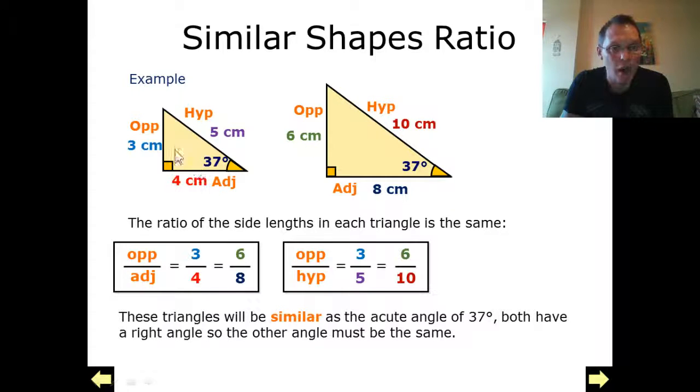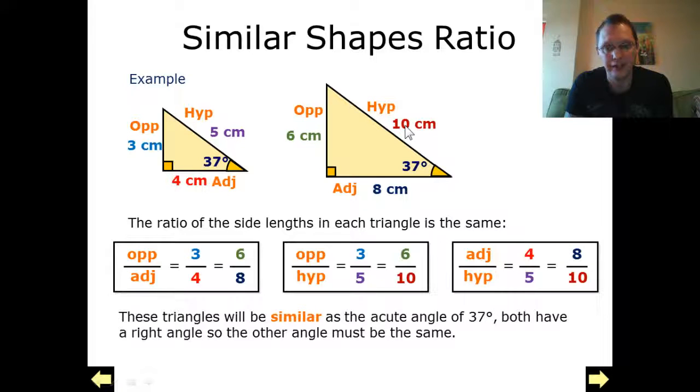Exactly the same for the opposite and hypotenuse: 3 divided by 5 will give me the exact same result as 6 divided by 10. And our last one, adjacent and hypotenuse: 4 divided by 5 will give me the exact same answer as 8 divided by 10.